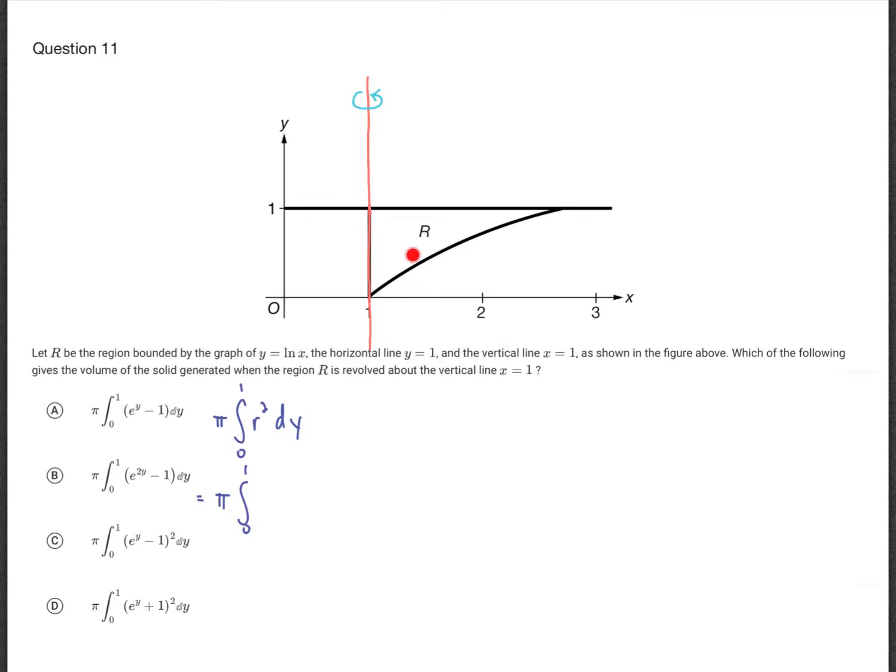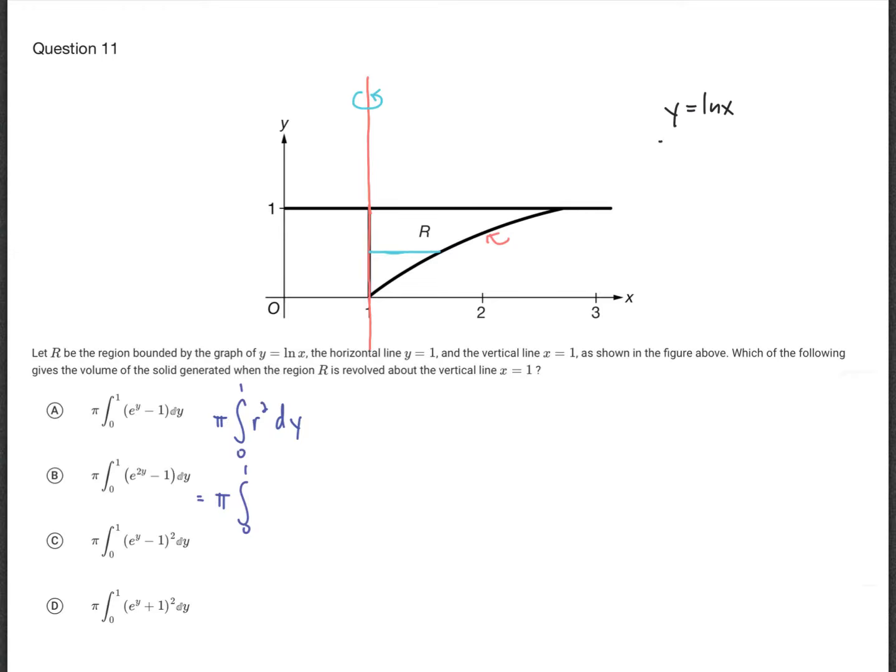Okay, so to get this r, this radius here, okay. So notice the distance from this function all the way to the y-axis is just whatever the value of this function is, right? So this function here is y equals ln x.